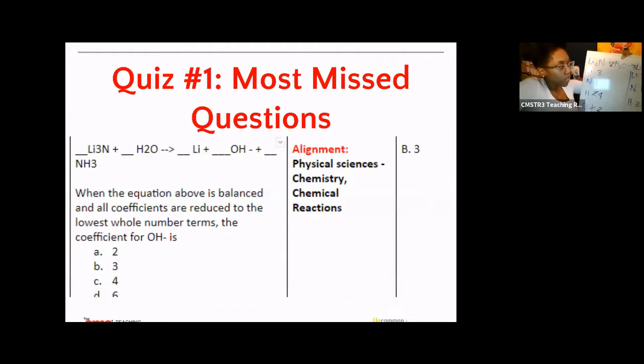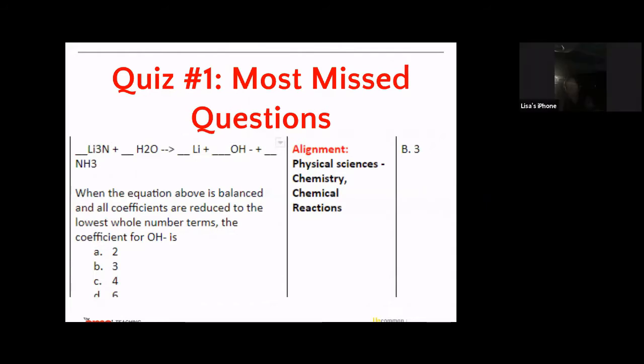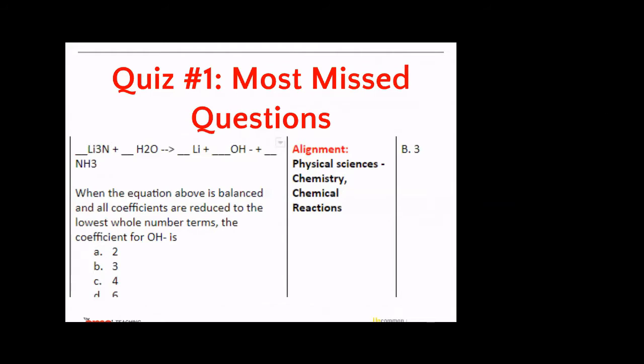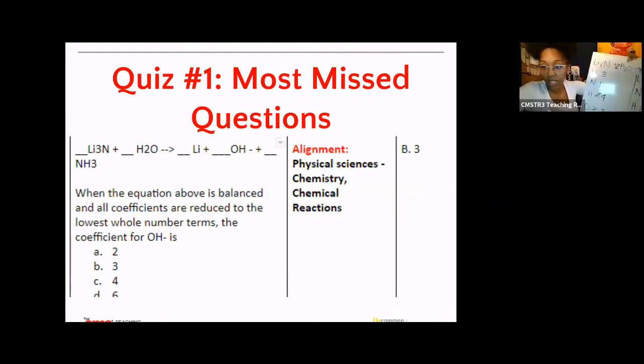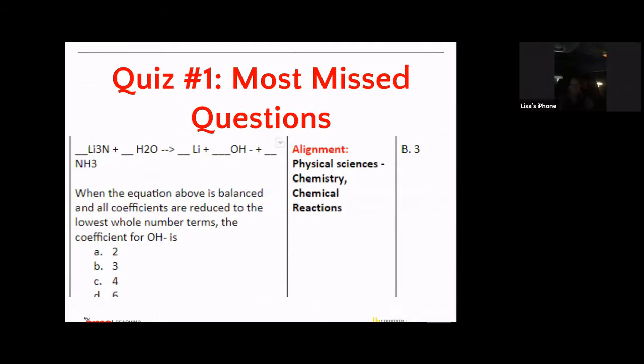We put a 2 there, and that fixes the oxygen, but when I put that 2 there, what did it actually do to my hydrogen? It made it 2 plus 3, which is 5.